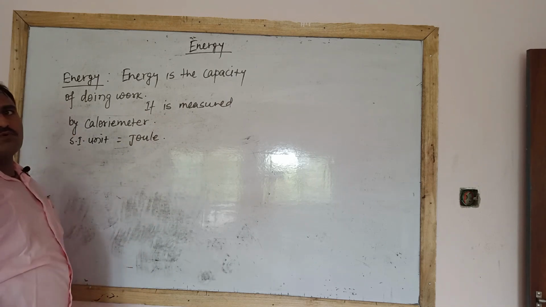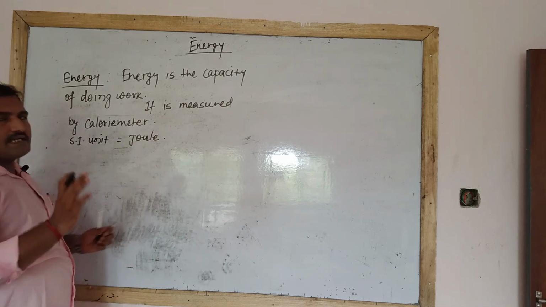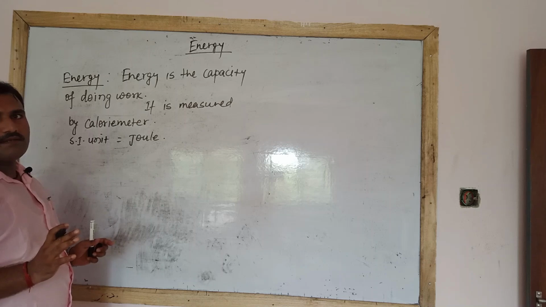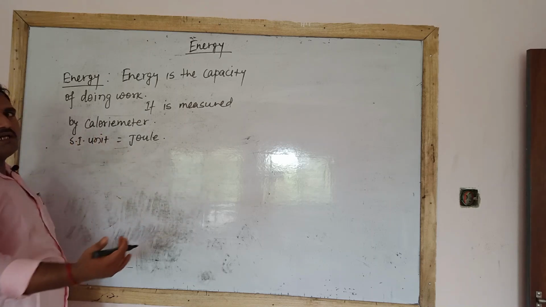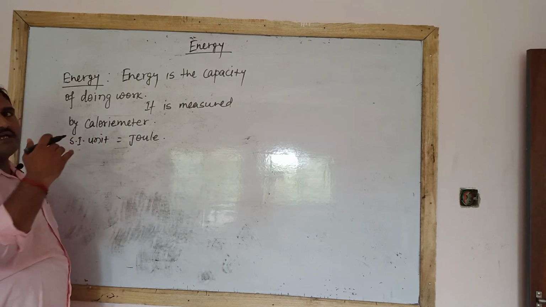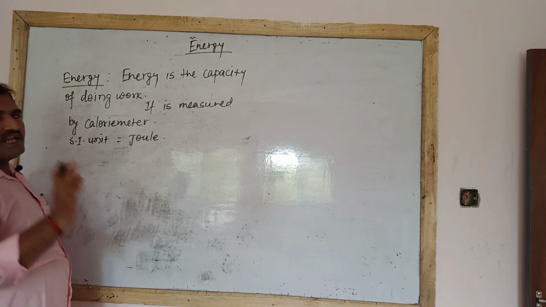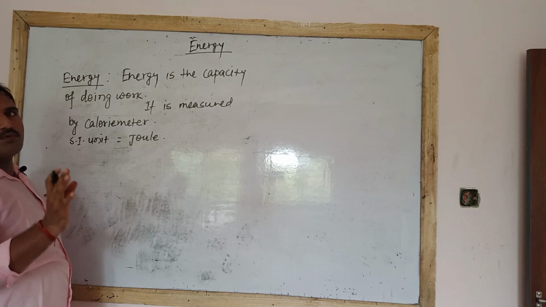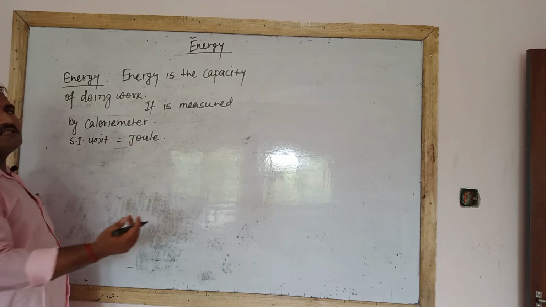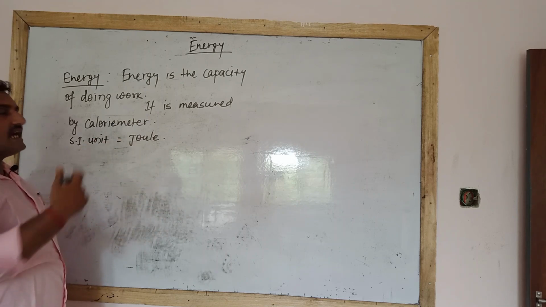When we consume food material, it gets burned in our body, and the burning of food generates heat energy at the cellular level, and that combustion of food produces energy which is measured in calorie.